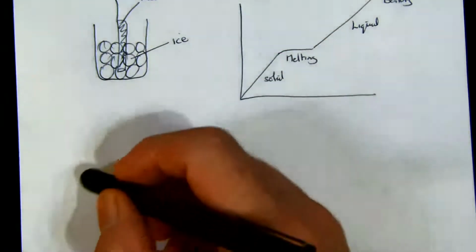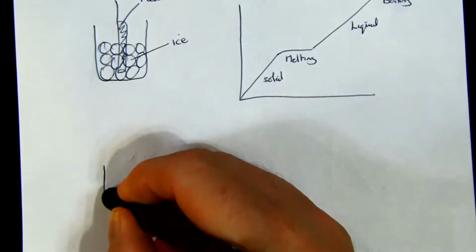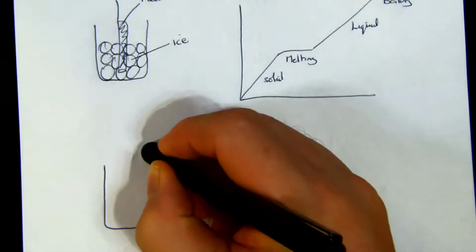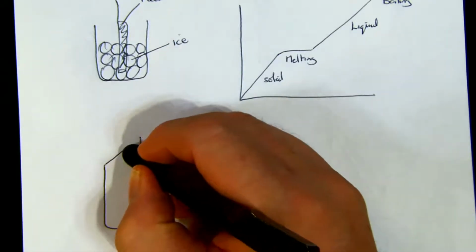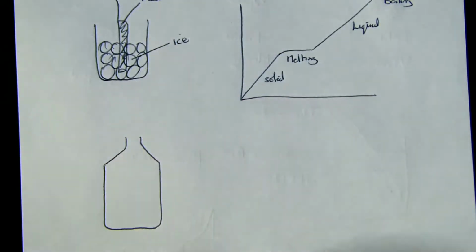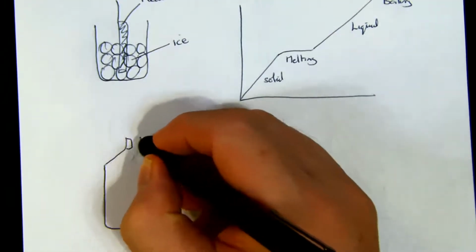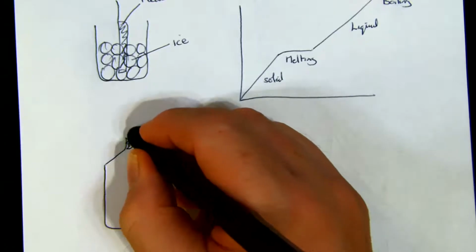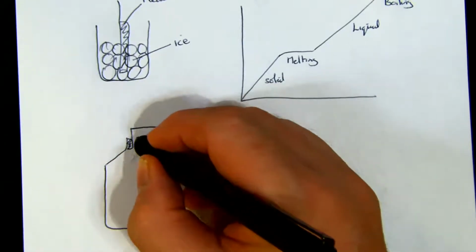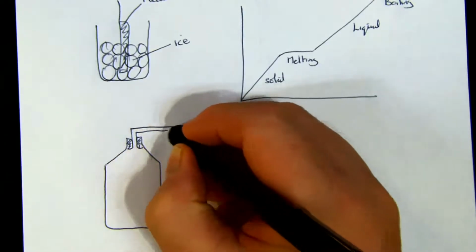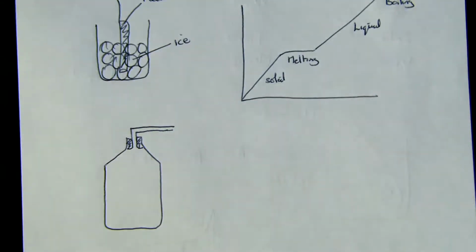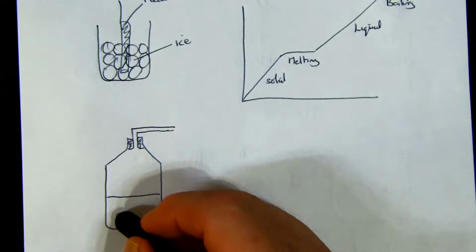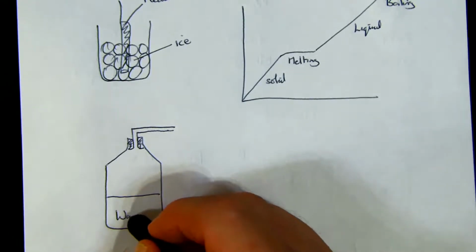So we take a container and something like this. It's called a steam generator. We come out of this copper container and we've got water in here.